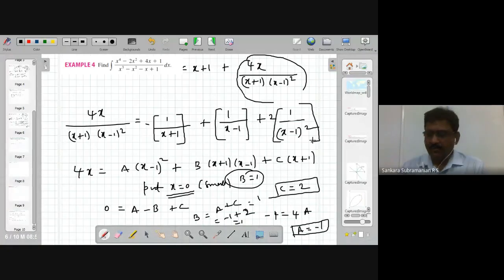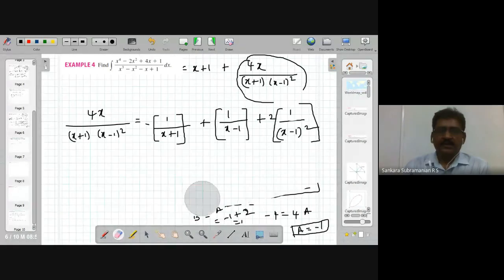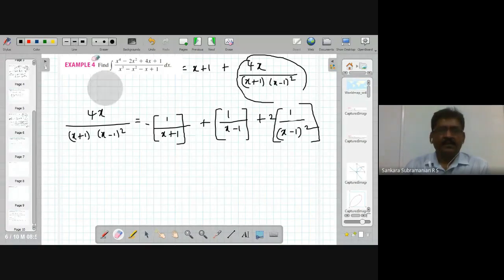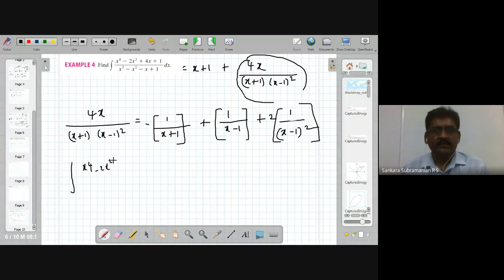Now we shall complete the problem. The integral of the given problem, x to the power 4 minus 2x square plus 4x plus 1 divided by x cube minus x square minus x plus 1 into dx, is equal to: integrating x, you get x square by 2.